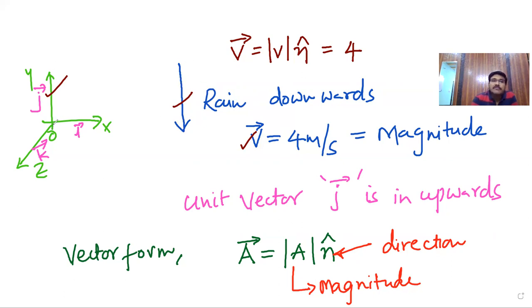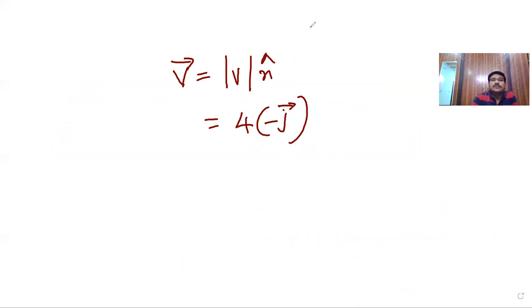When the upward vector changes direction to downward, it becomes minus j bar. So finally, the velocity vector is modulus of v into the unit vector, which is 4 into minus j bar. So the final vector becomes minus 4j bar.